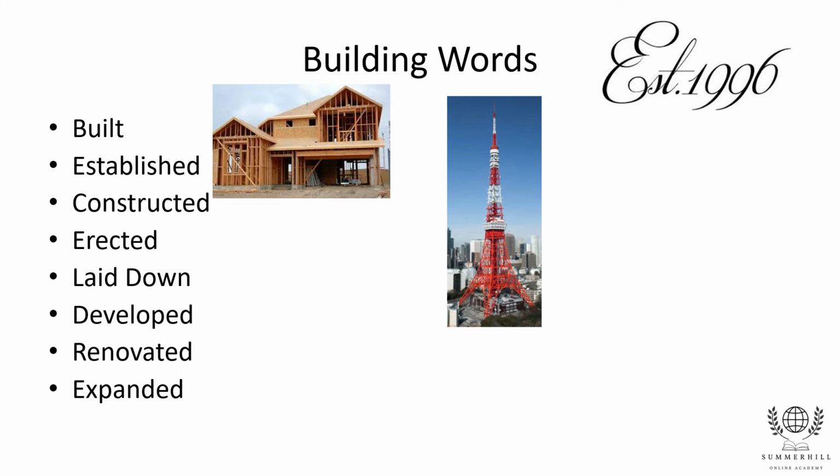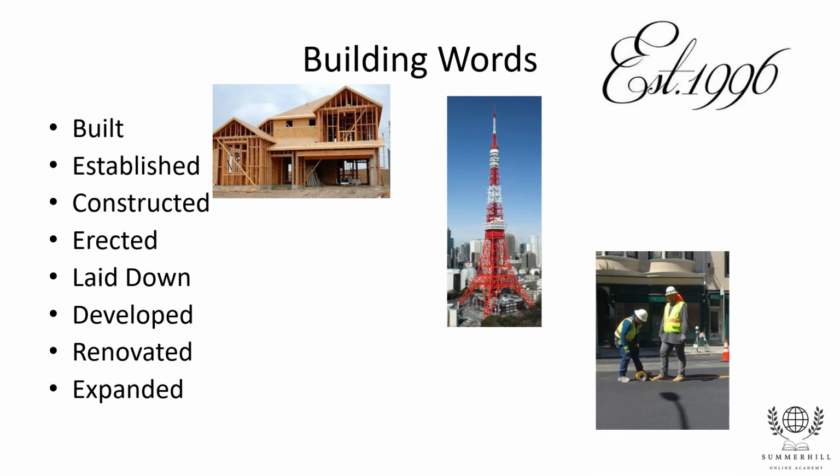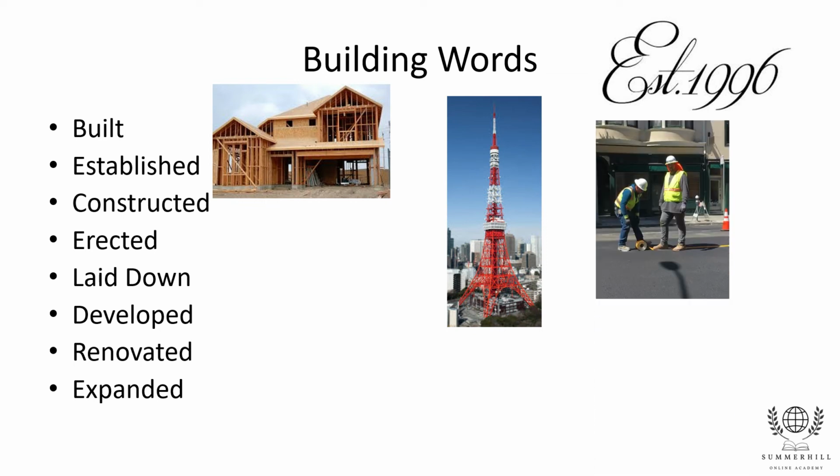Erected is used for tall buildings such as towers and skyscrapers, right? Laid down is usually used for roads, pathways, sidewalks, anything that's on the ground, laid down, right? So streets are laid down, pathways are laid down.